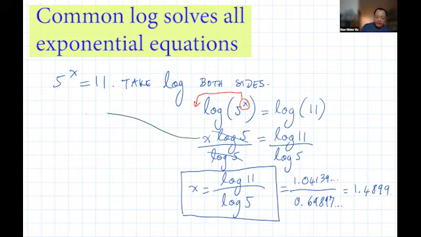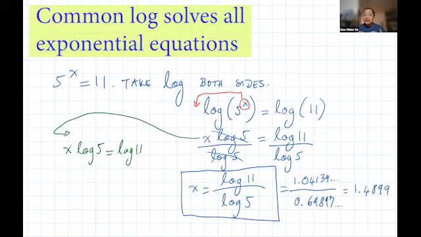Okay, at this stage right here, x log 5 equals log 11. If you're not yet comfortable with treating log 5 and log 11 as just numbers in your head, then what you could do is punch things into your calculator. You find out that log 11 is 1.04139, and log 5 is 0.69897.